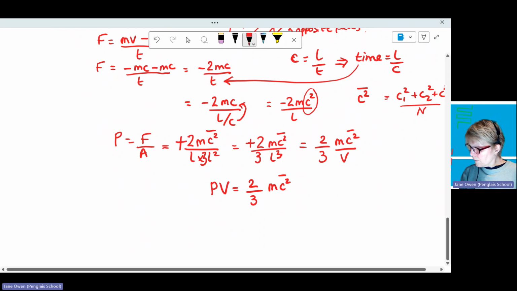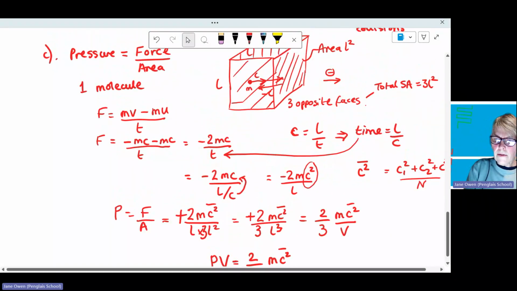Okay, so the distance that it's traveled is all the way there and all the way back. So the distance is 2 times L here. All right, so that means that when we substitute the 2L here, it cancels out with the 2 at the top here.